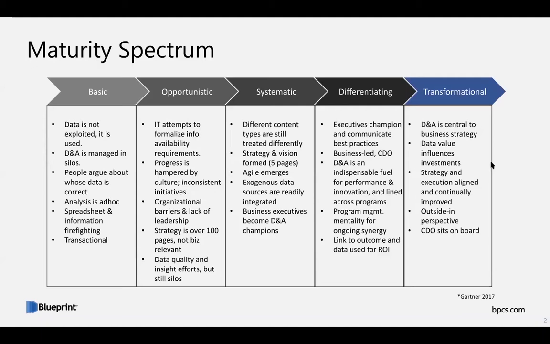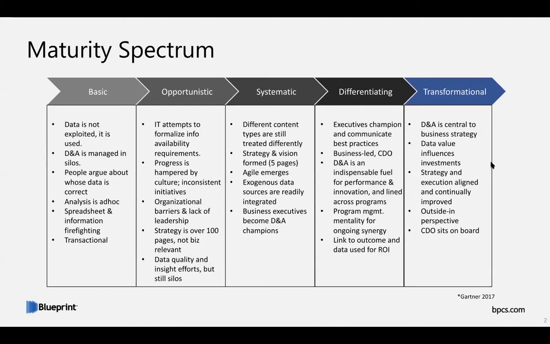As you move further right, data becomes more and more integral to the overall strategy of the business. It's not just operational in nature. Within opportunistic and systematic, businesses are getting more effective at utilizing their data to generate analysis and insights, but it is not yet core to the overall strategy of the business. They're utilizing it to become more efficient in operations.